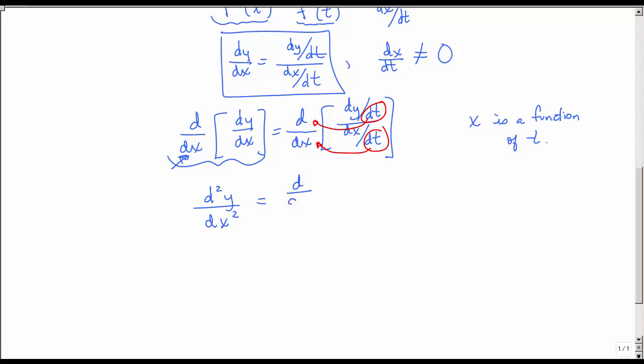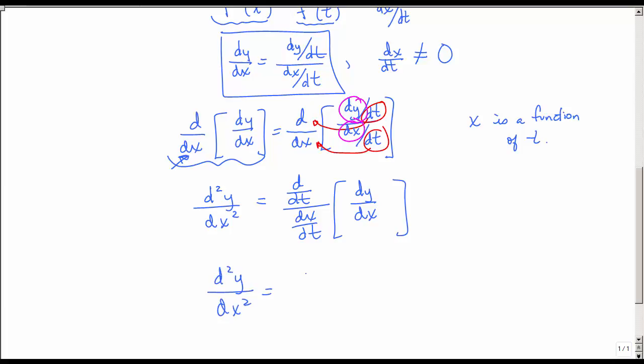So I have d dt divided by dx dt, and what that leaves me inside would be dy dx. Now that's convenient because dy dx is our first derivative, and it's nice to be able to take the second derivative based on your first derivative. So I'm just going to rewrite that a little bit differently. I have d dt. What does that mean?